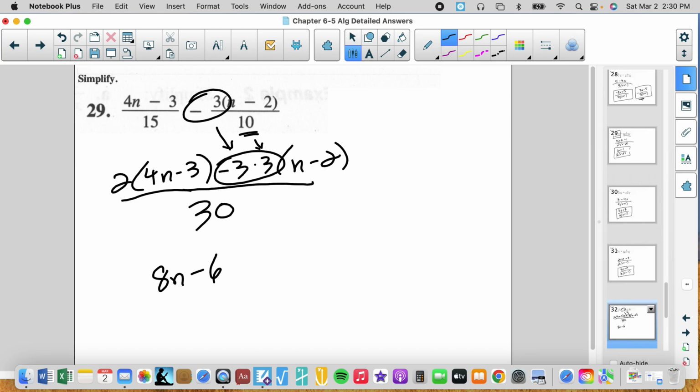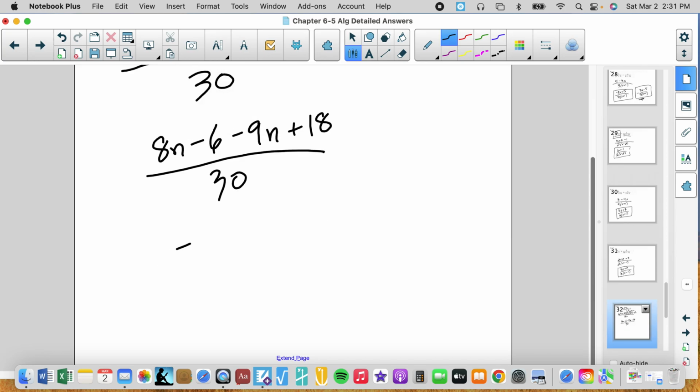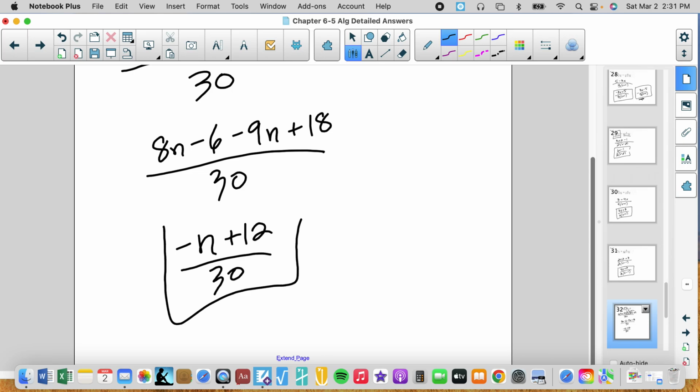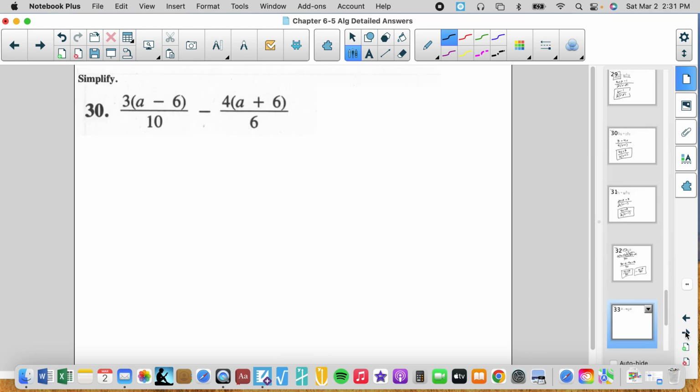That's negative 9, negative 9n. And then negative 9 times negative 2 is positive 18, all over 30. This is efficiency: negative n plus 12 over 30. You can have that. You may see n minus 12 over 30. That also might be an answer.